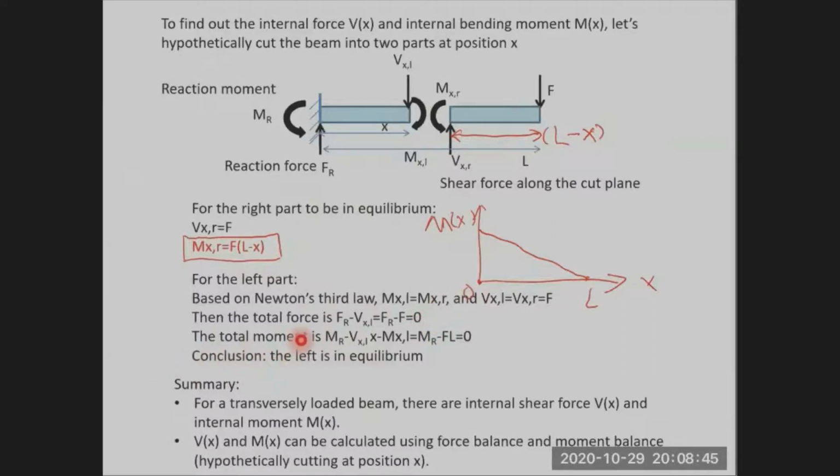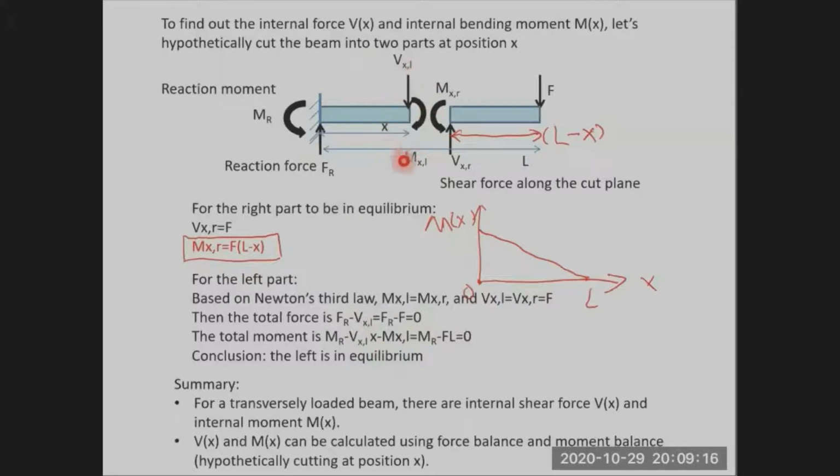How about the total moment? Let's calculate the total moment experienced by the left beam. Let's consider the counterclockwise direction as positive. So the total moment is MR minus the torque generated by this VxL, VxL times x, minus MxL.